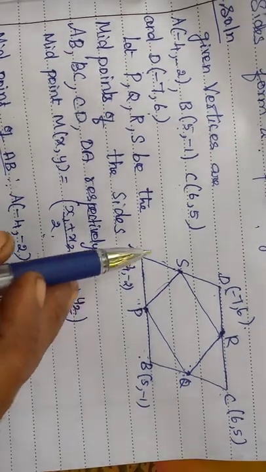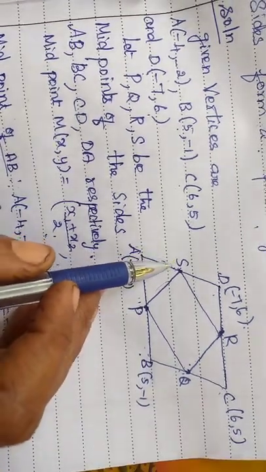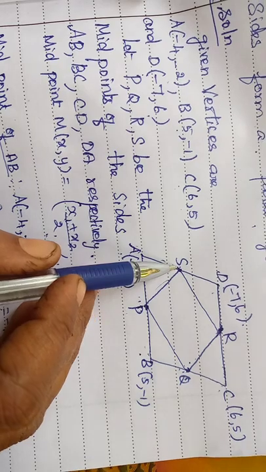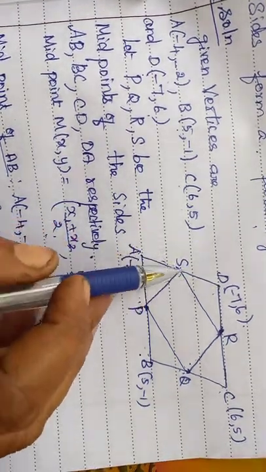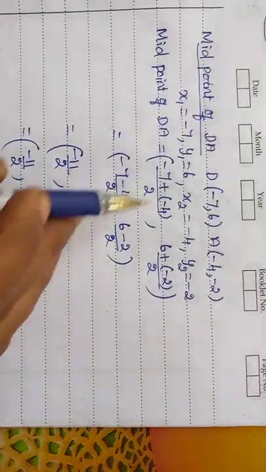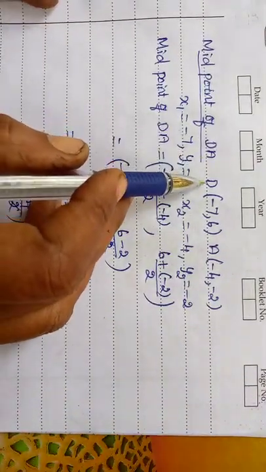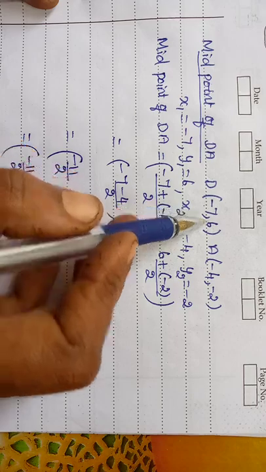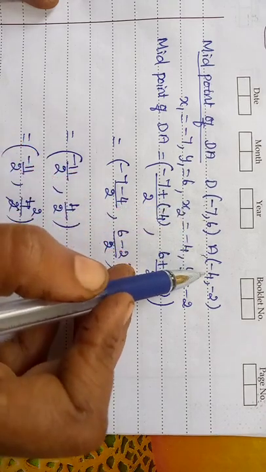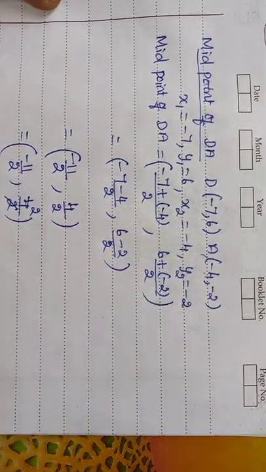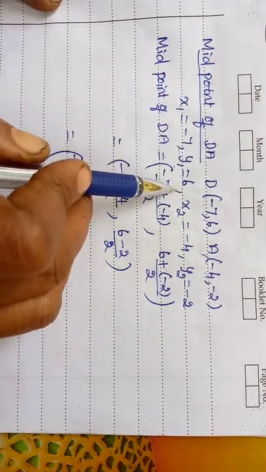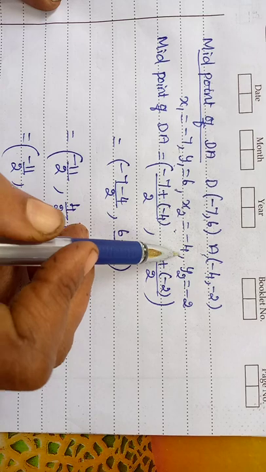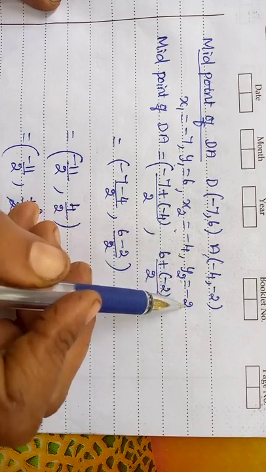Next, midpoint of DA, that is the S point we have to find out. Here D of minus 7 comma 6, A of minus 4 comma minus 2. Here x1 equal to minus 7, y1 is equal to 6, x2 is equal to minus 4, y2 is equal to minus 2.